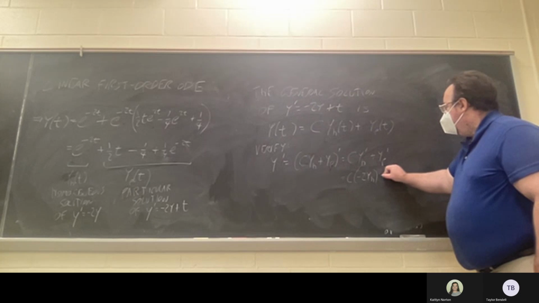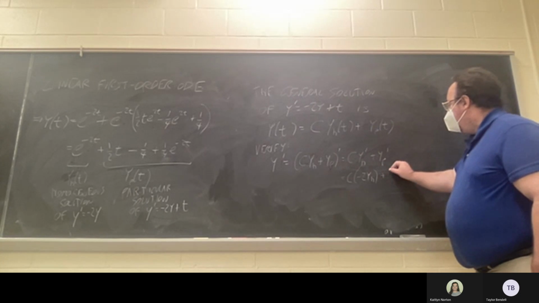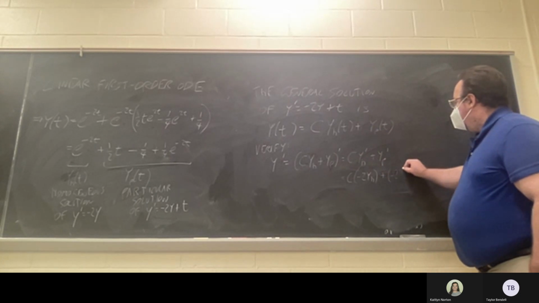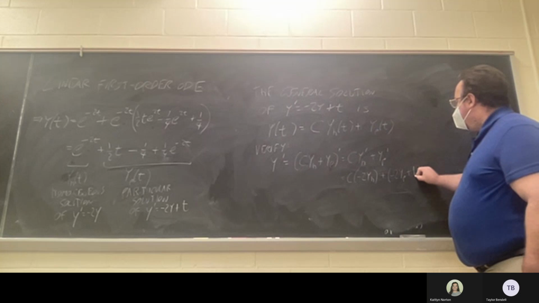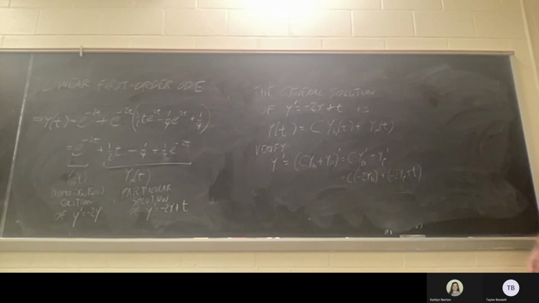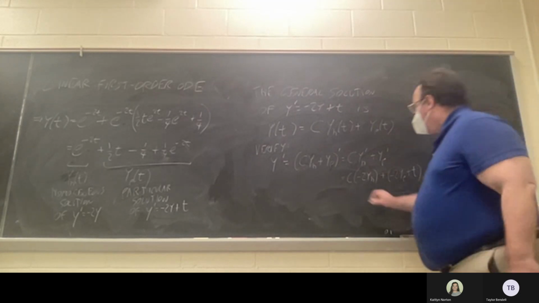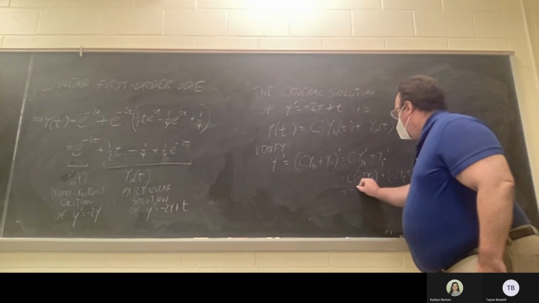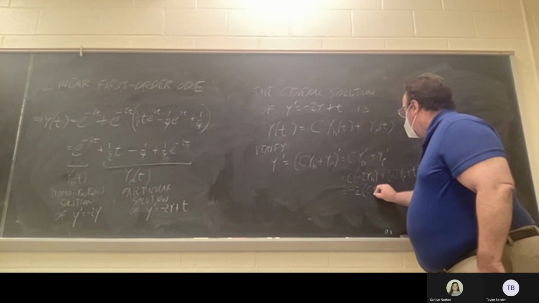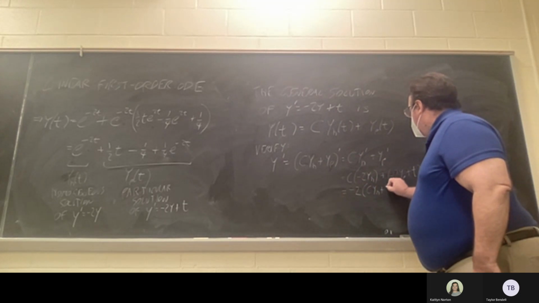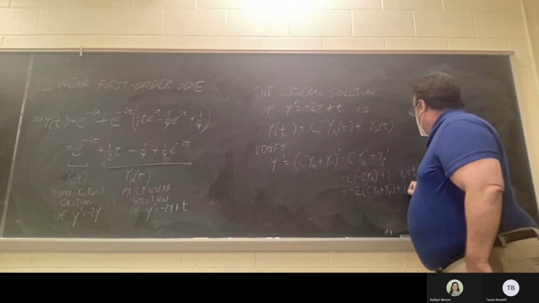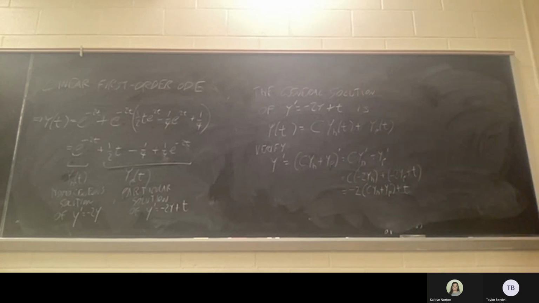And yp prime is equal to minus 2yp plus t. So now I can group these terms like that.